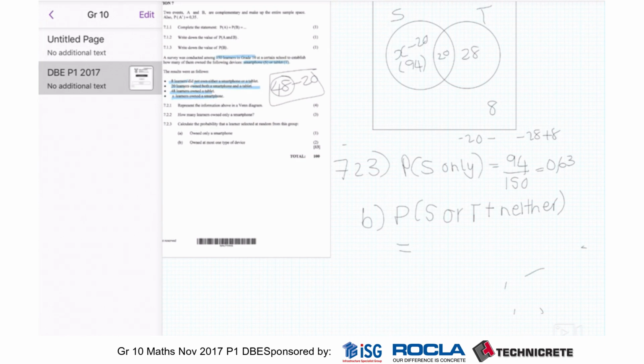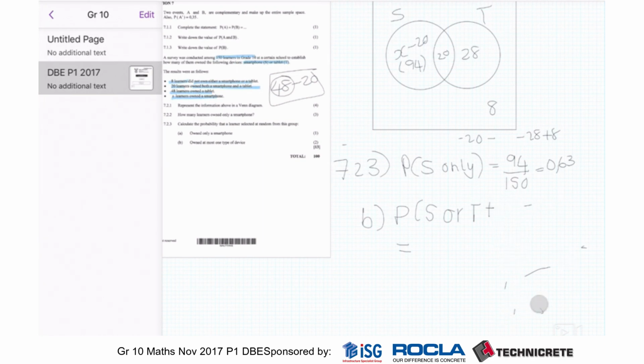So it's going to be, calculate the probability of a learner selected that owned at most one type of device. The 8 learners did not own either a smartphone or a tablet, so we can't include the neither.